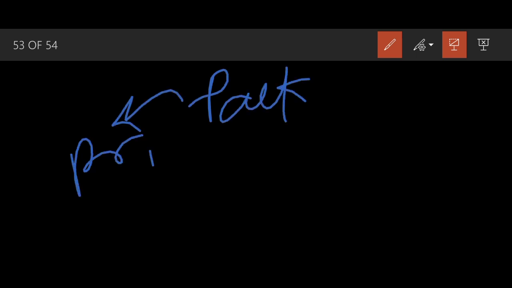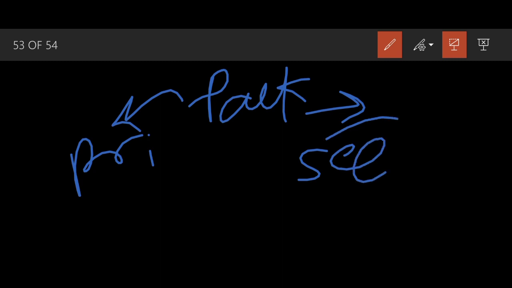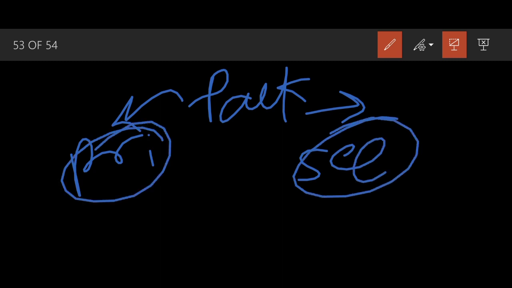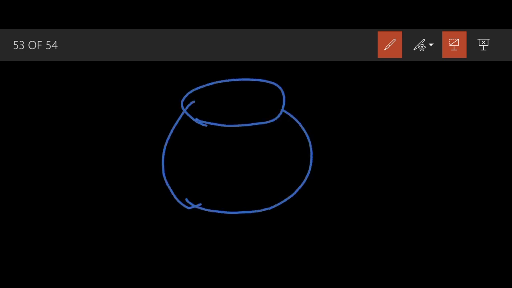Primary means there are two types of packaging, primary and secondary. Primary means the packing that is basically required, very much required. Let's take an example. This is a pot of buttermilk. So this is primary packing.